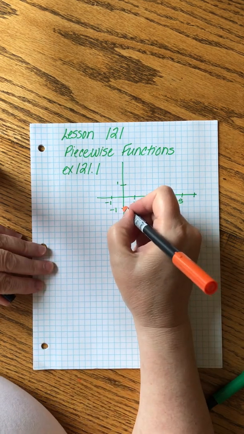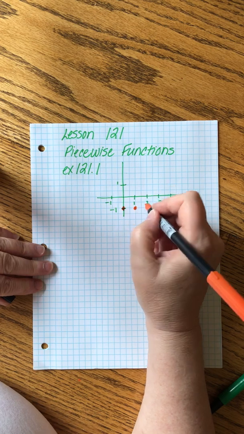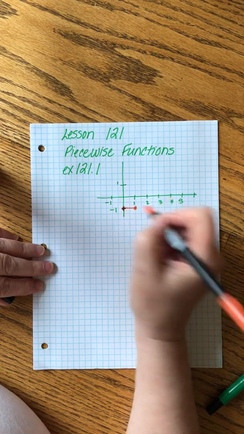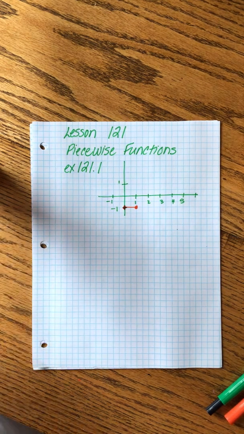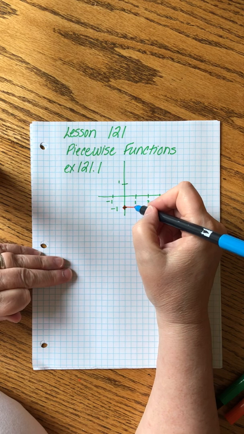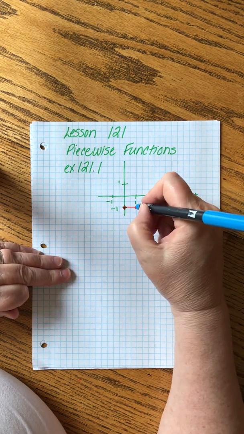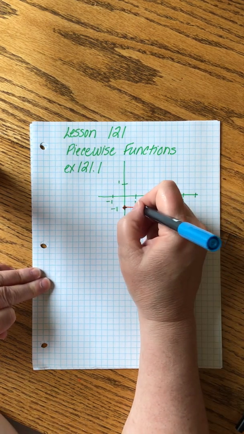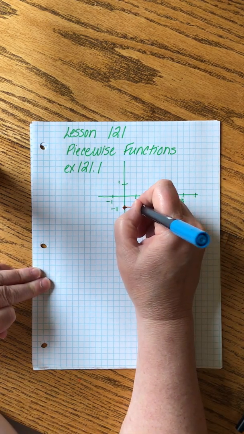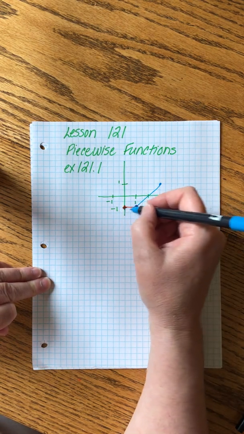The first part has a solid dot here, and a solid dot here, and then a line that connects.